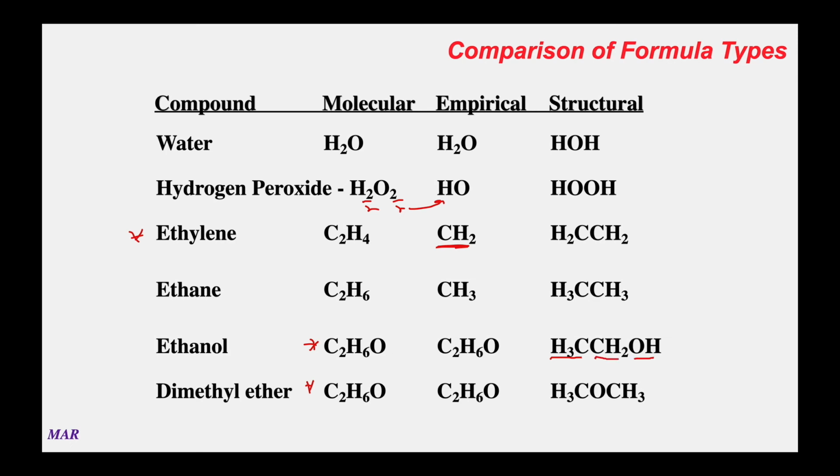So again, that's what it looks like: H3C first, CH2 in the middle, if you will, OH on the end. Dimethyl ether has an H3C, it has an oxygen in the middle, and a CH3 on the end. So ethanol and dimethyl ether have the same molecular and empirical formulas, but their structural formulas are quite different.